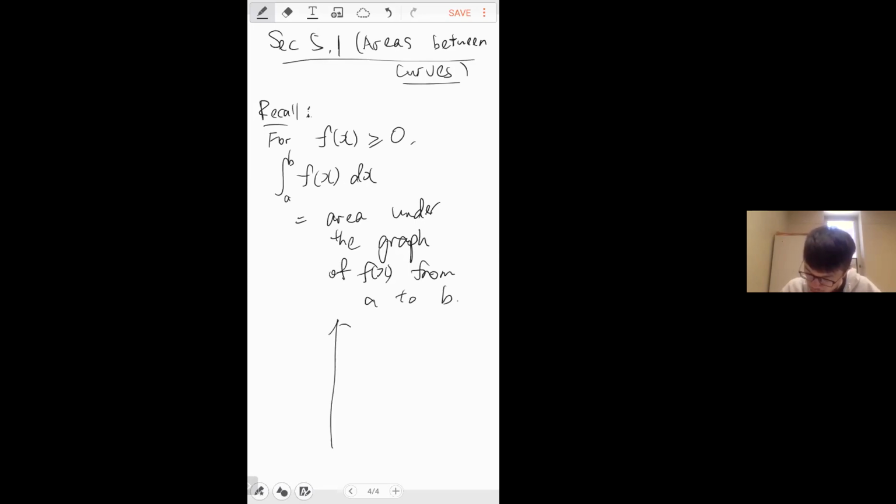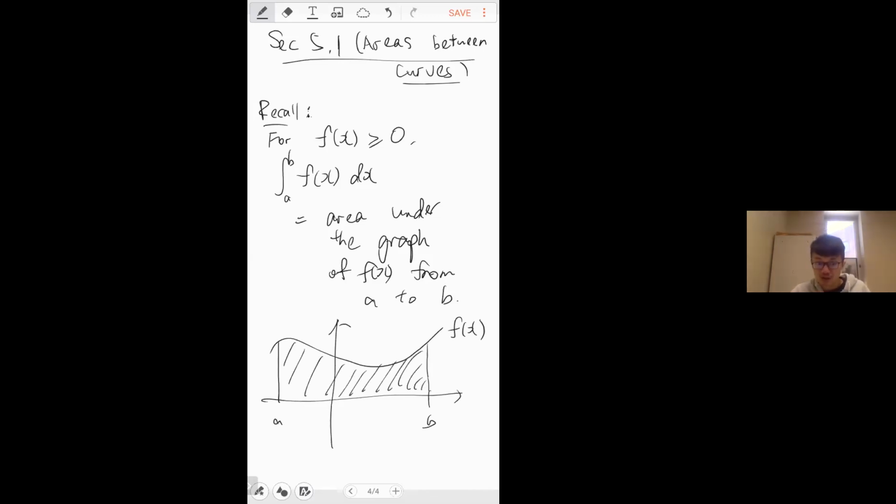So if your f of x looks like this, then the integral of f of x from a to b is going to be the shaded area here. Is that okay? So that's what we have done so far.